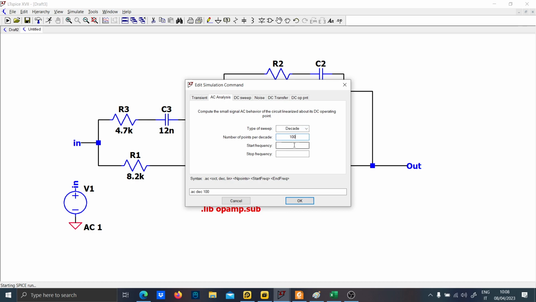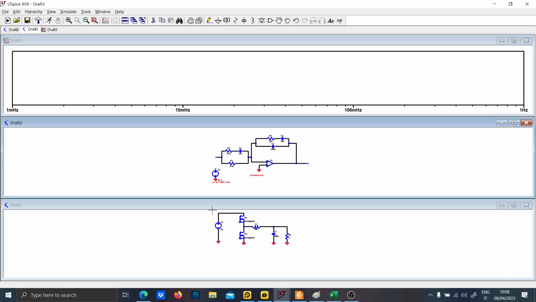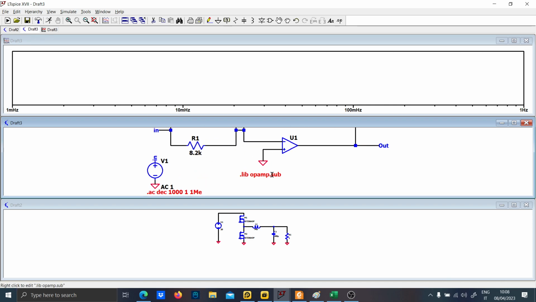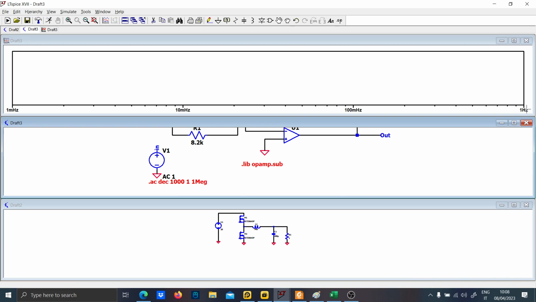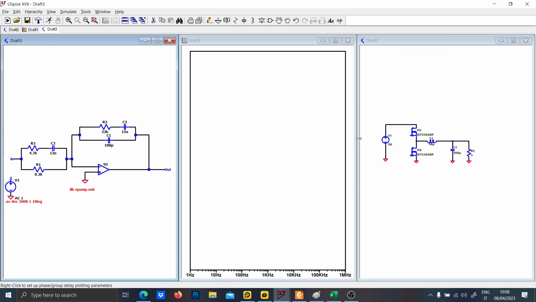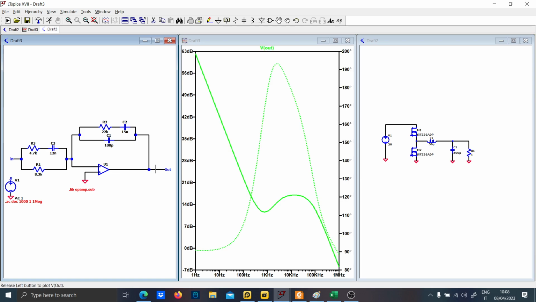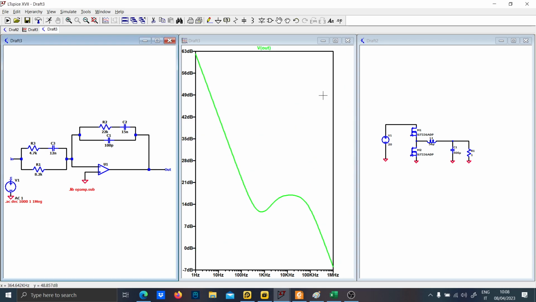Decade, 10 points per decade, start frequency 1, stop frequency 1 Meg. So yeah, okay, this is correct, and that's basically the type-3 compensator.